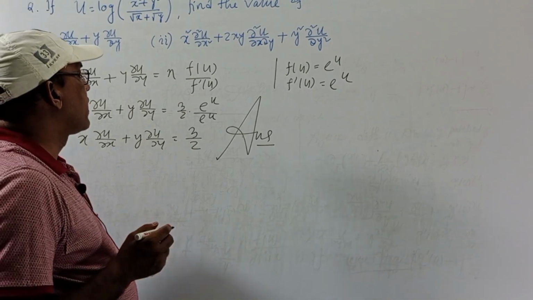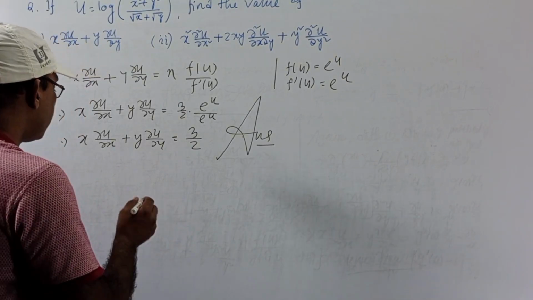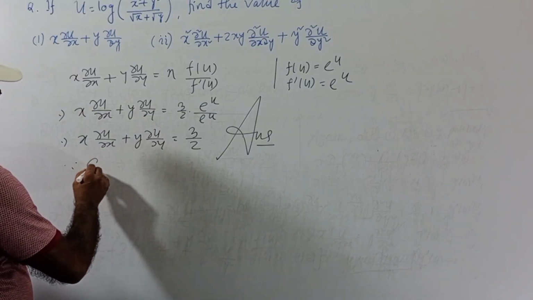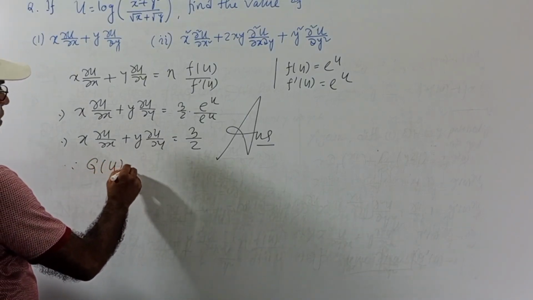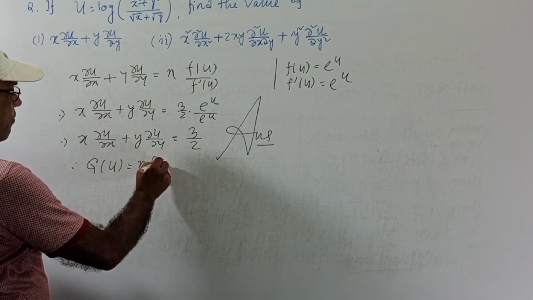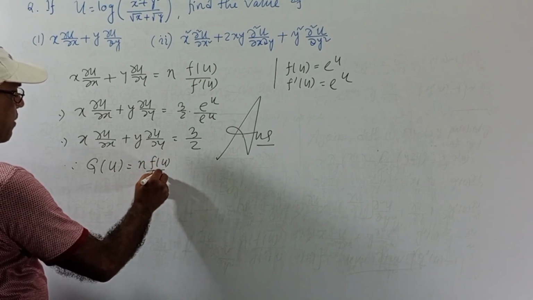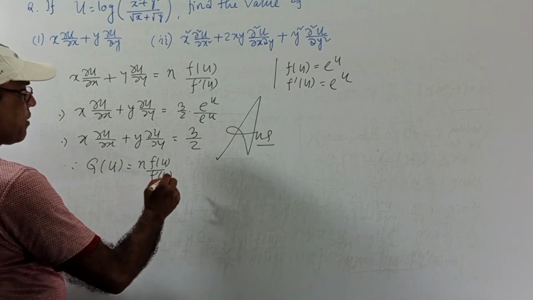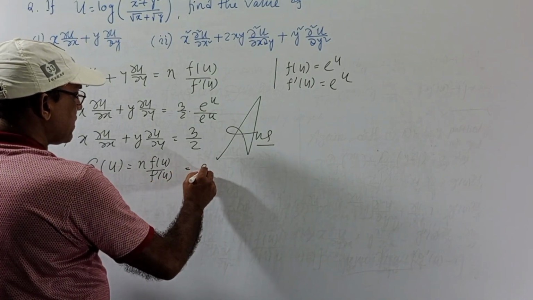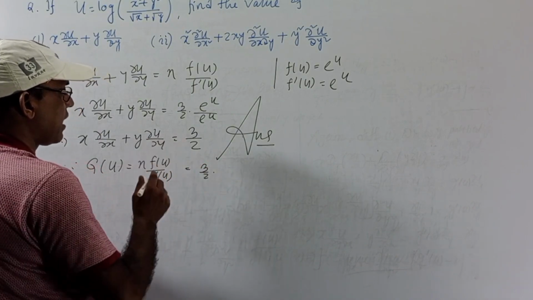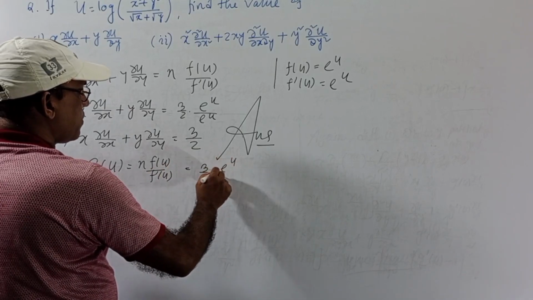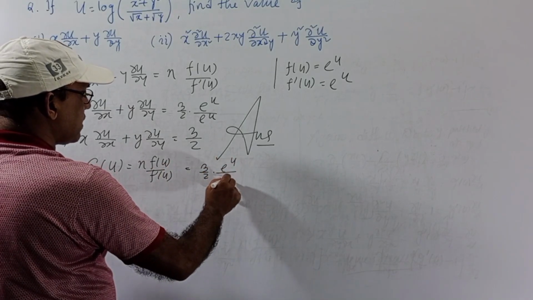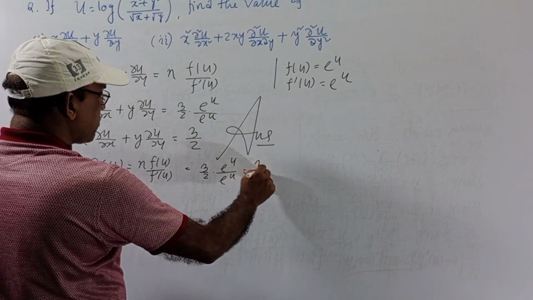Again, you know, since g of u equal to n f of u by f dash u, n means 3 by 2, and f of u is e to the power u, f dash u is e to the power u, this is 3 by 2.